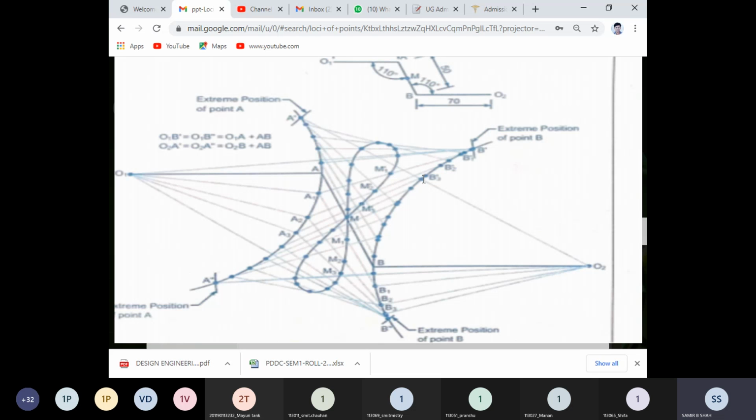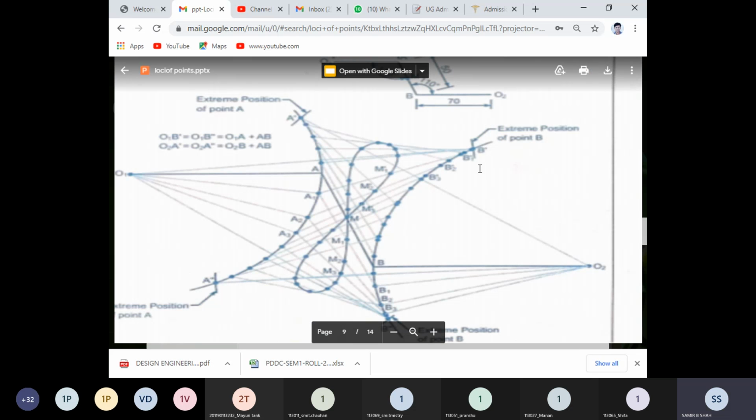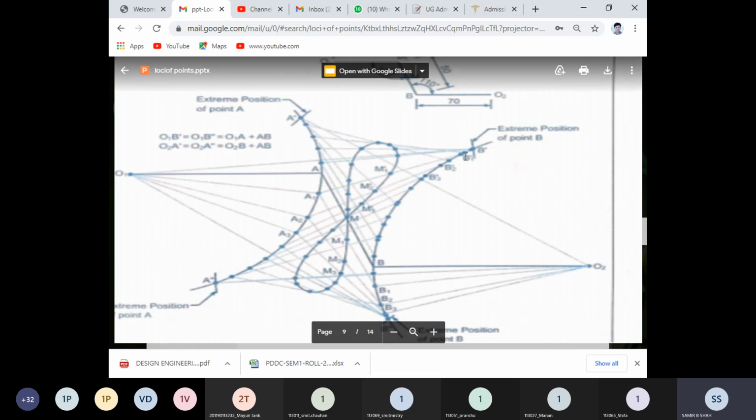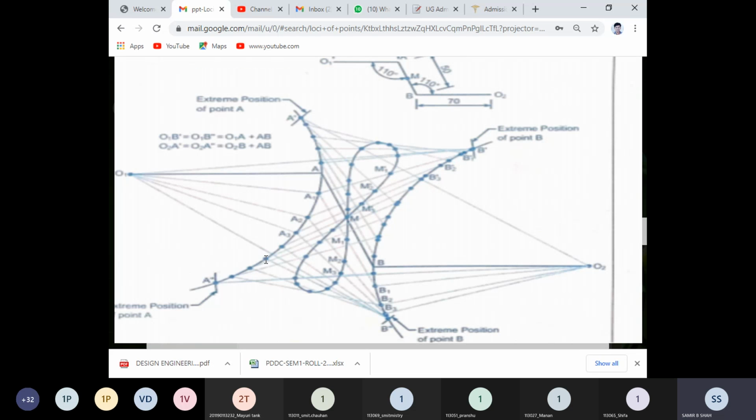In the same way, here once again we are taking B1 dash, B2 dash, B3 dash. That may join here, you can see it here. It may be joined with 1, 2, 3. This 1, 2, 3 may be reversed, as 3, 2, 1. So this point is considered with these as a joint.